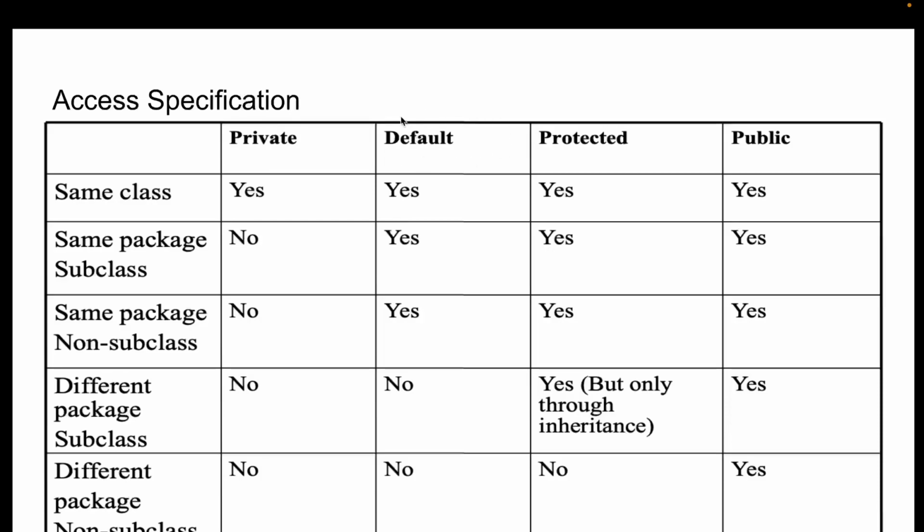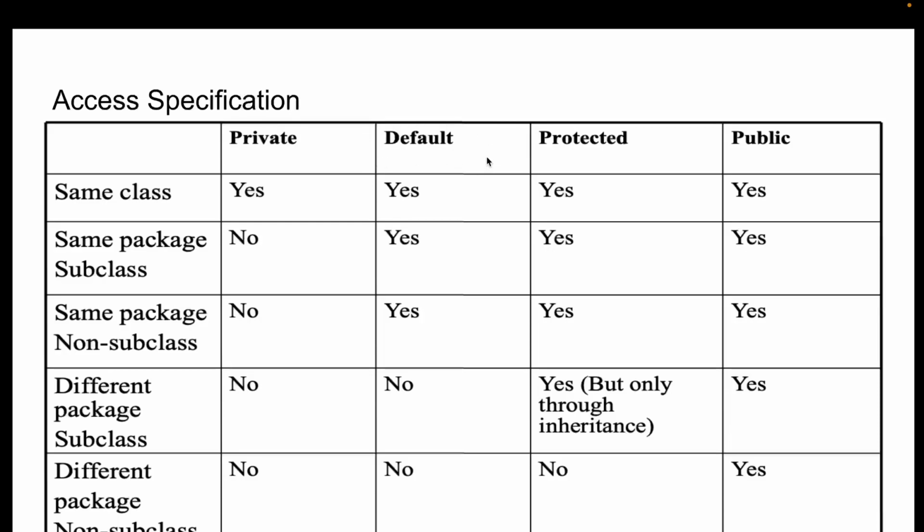Let's see another access specifier, that is default. What is default? If you do not specify any other access modifier like private, protected, or public before your class name, before your method name, or before the variable name, by default it is at the default access level.